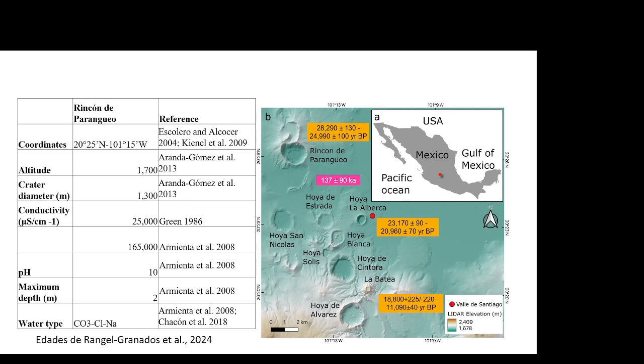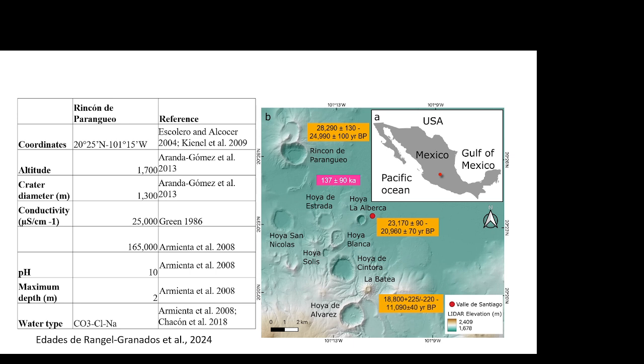This is a digital elevation model of the area, and we can see that there are many craters that formed in the area. We can see that Rincón de Parangueo is sitting on an older crater here in this area and here.